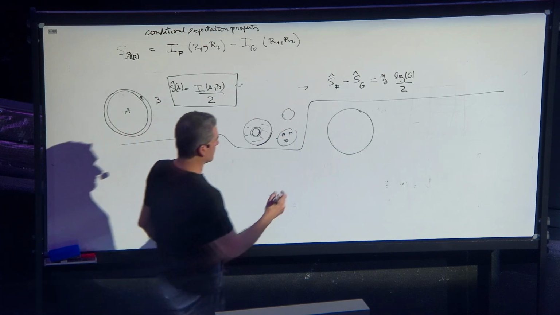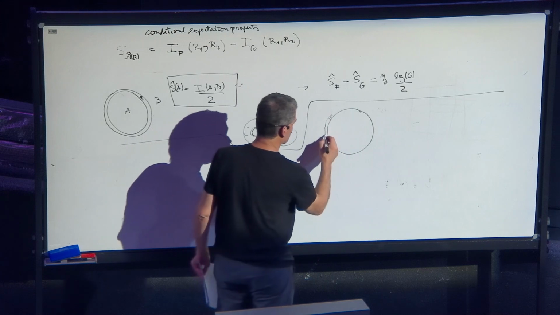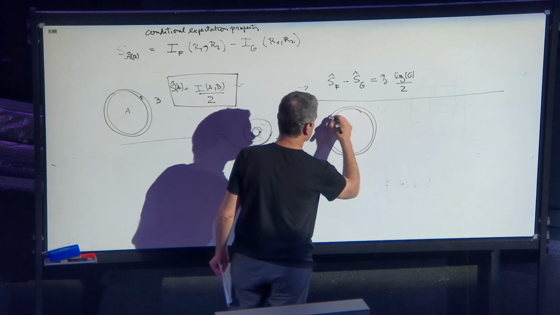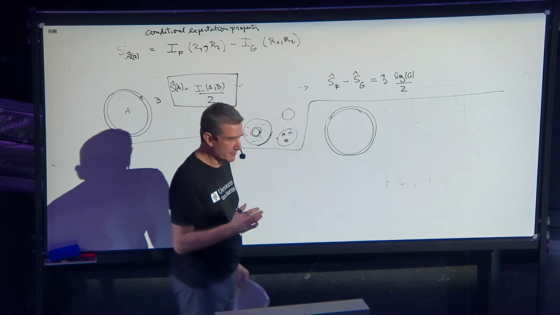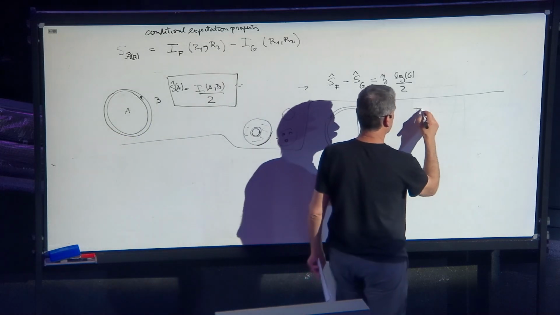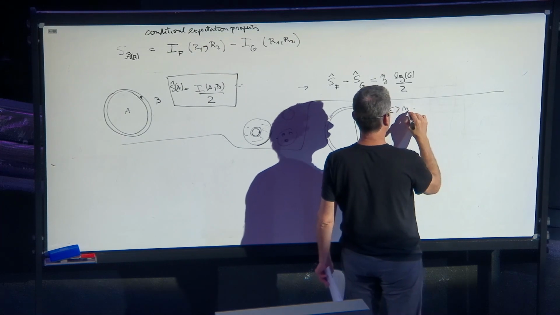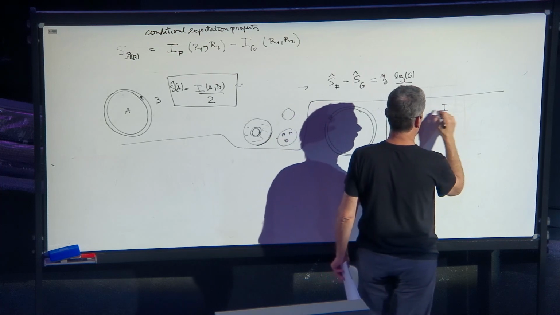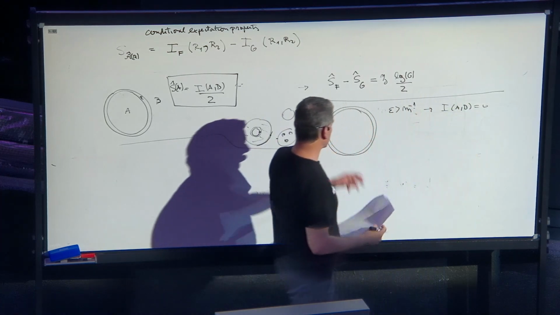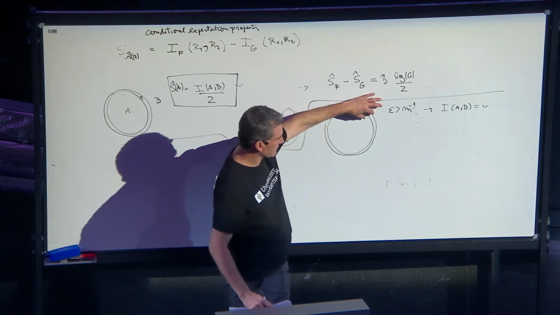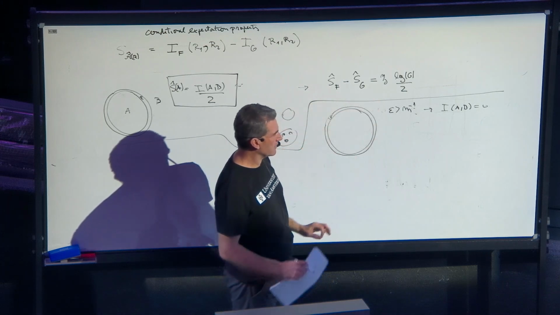You can take a regularization epsilon, and if epsilon is bigger than the gap length, the mutual information is going to be 0, exponentially small, because there is no correlation between the inside and the outside. And then when you close epsilon, you can get something.